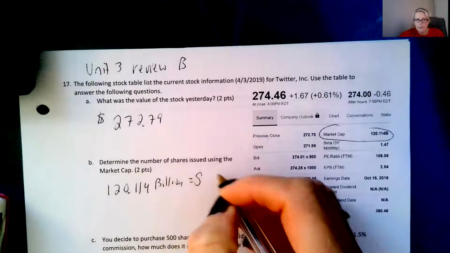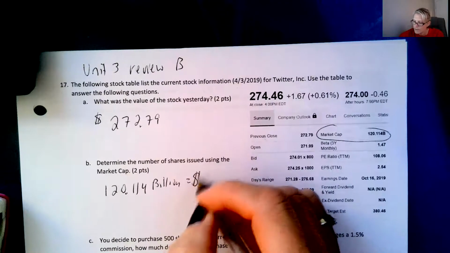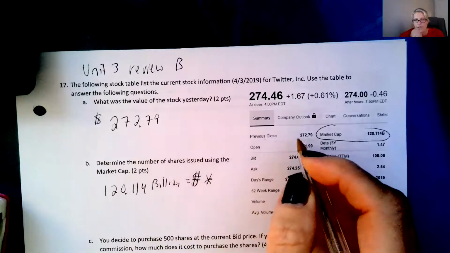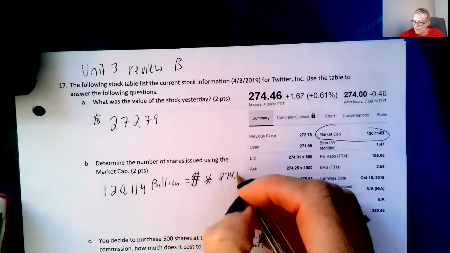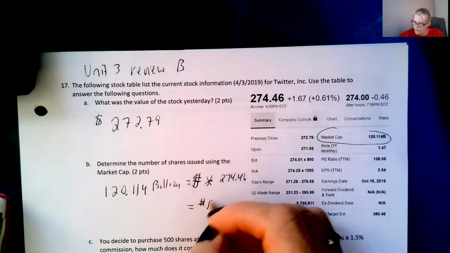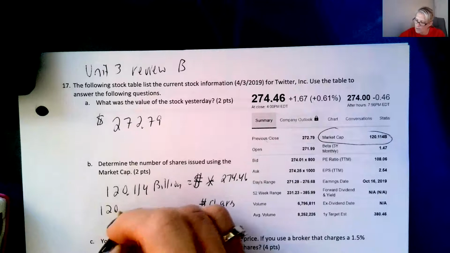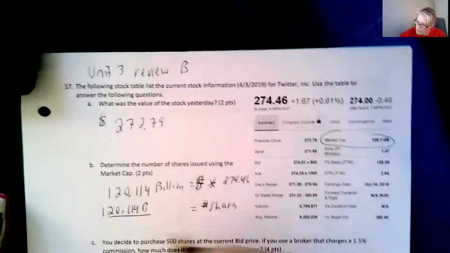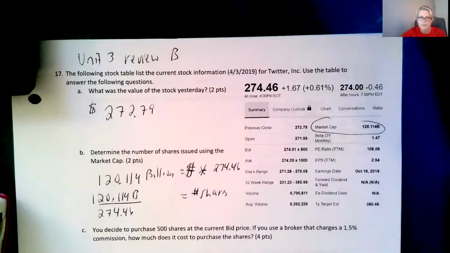And that's made up of the number of shares, S, times the current price, 274.46. So the number of shares is going to be found by taking the market cap and dividing by the current price, 274.46.